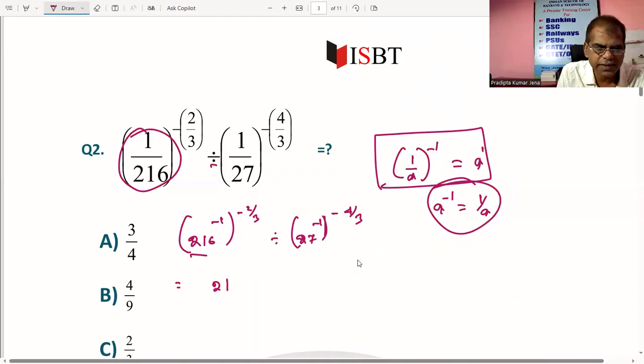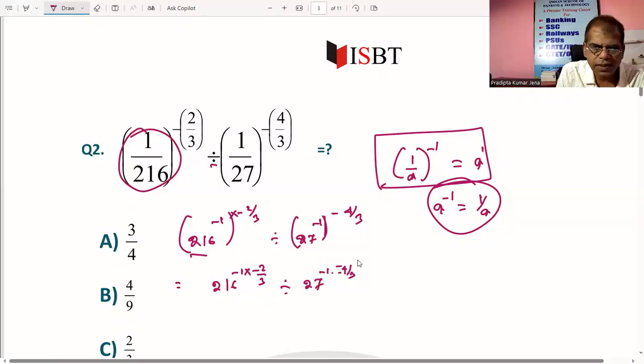Now the powers multiply directly. So -1 times 2/3, divided by 27 to the power -1 times -4/3.